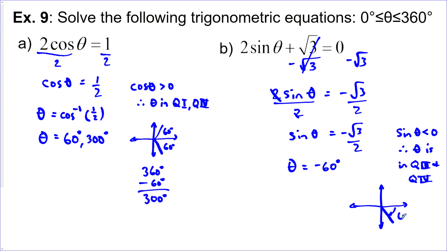So 60 degrees is actually our reference angle here, and it's happening in quadrant 3 as well. So this is also reference angle of 60 degrees. So our theta is equal to, this one's 180 plus 60 is 240 degrees. And this one here is 360 minus 60 to get back here, and that would be 300 degrees.